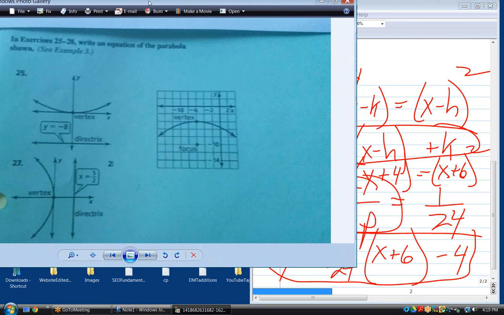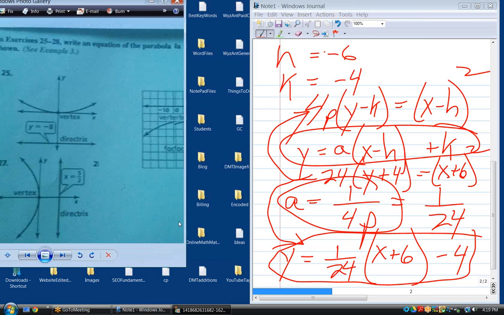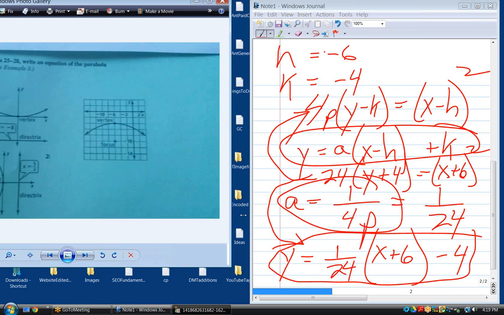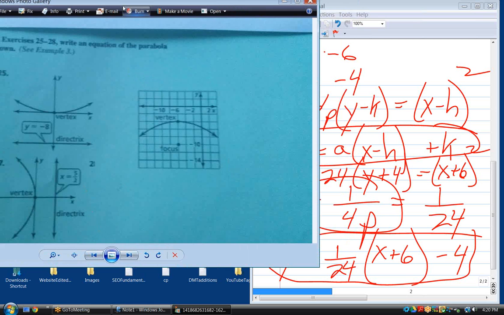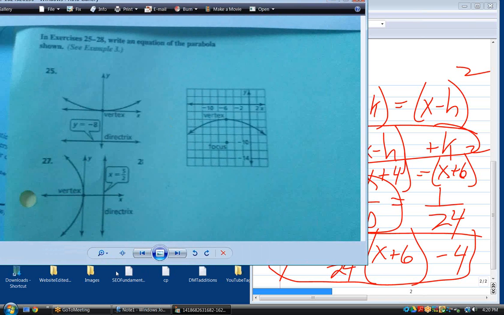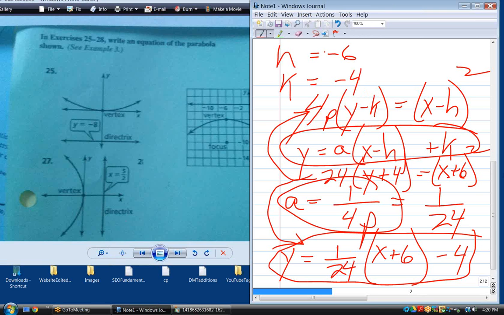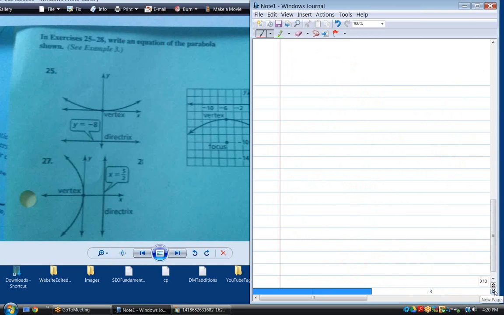Now 27 is where we might be better served going with the newer format, and the reason is that this is not a classical parabola. The classical parabola we're used to dealing with is this one. When they're horizontal like this, and not vertically up or down, that's this parabola, x equals y squared.